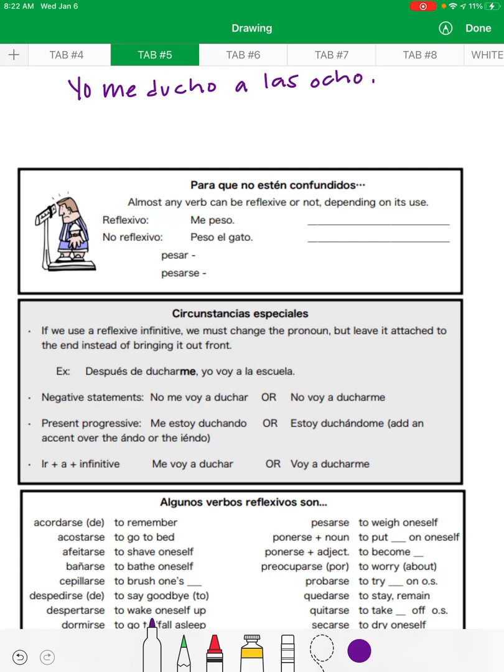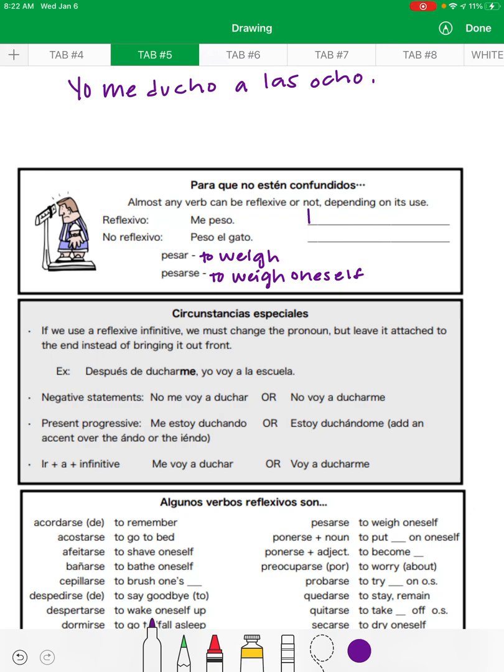Okay, so almost any verb can be reflexive or not, depending on its use, okay? So, for example, we've got pesar, which means to weigh. We've got pesarse, which is to weigh oneself. Okay, so in the video we saw that he weighs the sugar and that lady weighs herself.